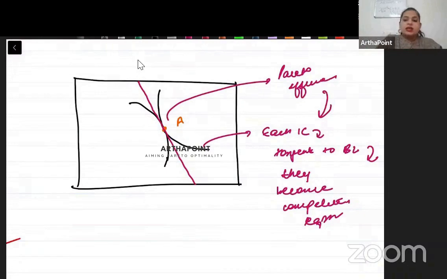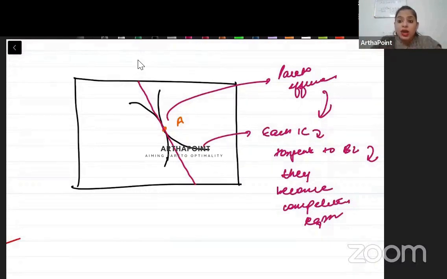Again, if you have any doubts, please go back to my lecture and look at those videos. Even in the intermediate videos, what we have covered in general equilibrium and the coming chapter, you should be able to thoroughly understand this. In the second welfare theorem, you start with Pareto efficiency and go towards competitive equilibrium. In the first welfare theorem, you start with competitive equilibrium and go towards Pareto efficiency.